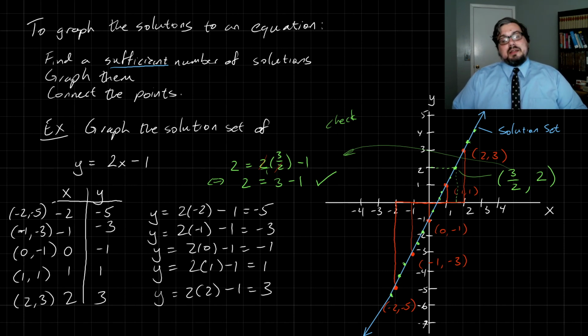Now, the thing that made this work, that we just got a line as our solution set, is that we were dealing with a linear equation. And so this is really where the justification for the definition comes in. We talked about linear equations way back at the beginning of the course. I said that we'd see why they have that name later. This is why. Linear equations are equations whose solution set is a line.